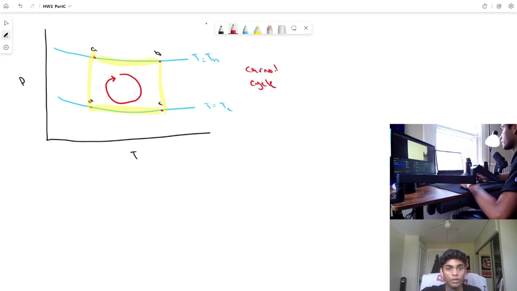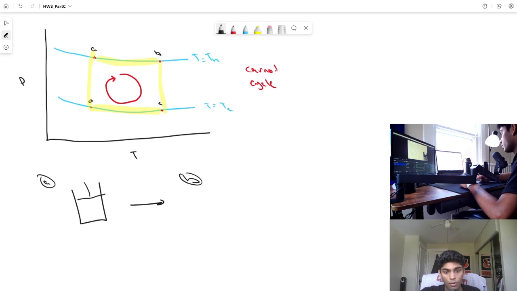we're going to design a couple systems here. We're going to start off by designing a system for A. And so our system for A could look something like this, where we have a piston container. And to get from point A to point B, we have another container with the piston at a higher level.